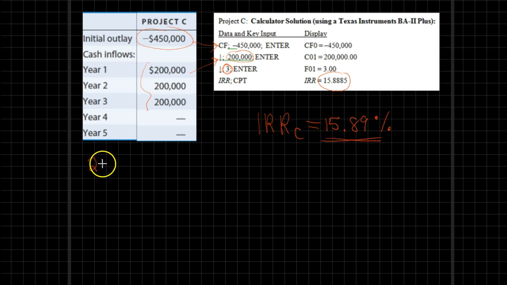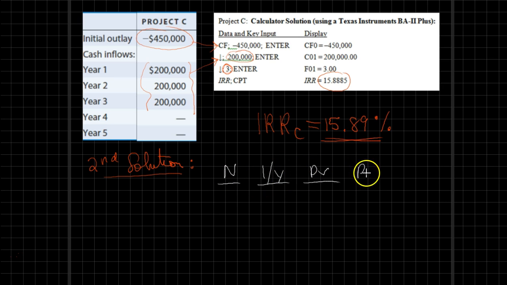As I mentioned at the beginning of the video, there's a second solution possible just for project C, obviously, and it is from the fact that because all these 3 cash inflows are fixed, we can actually use the third row of our financial calculator. Let me go ahead and recreate those rows for you. For the next 3 years, we have $200,000 of cash flows.